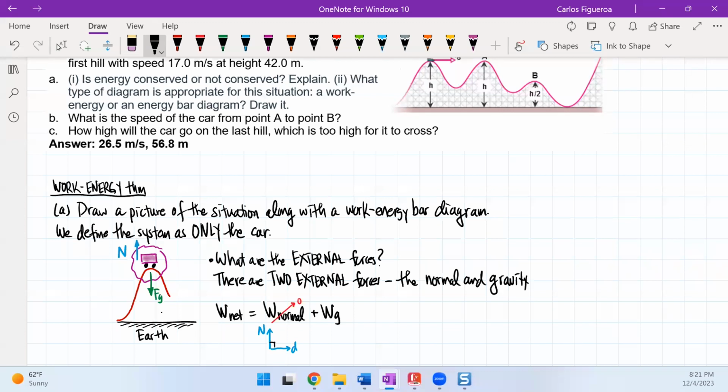So the only work that occurs is the work of gravity. And this work is not zero. Because of this, the change in kinetic energy of the car is also not zero. And therefore, the kinetic energy before and the kinetic energy afterwards are not the same. In other words, energy is not conserved.